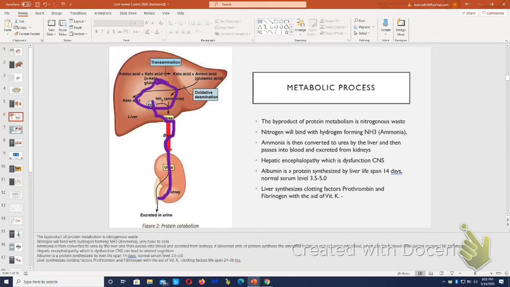So the liver is responsible for synthesizing and producing proteins, such as albumin as well, which has a lifespan of about 14 days. The liver also synthesizes our clotting factors, prothrombin and fibrinogen, with the aid of vitamin K. The clotting factors' lifespan is 24 to 36 hours.